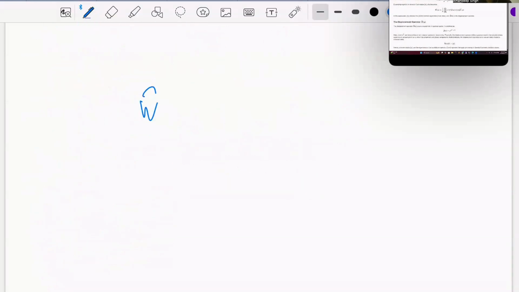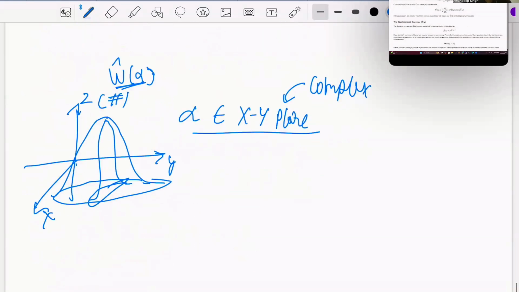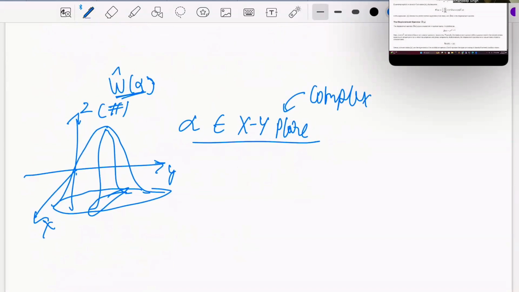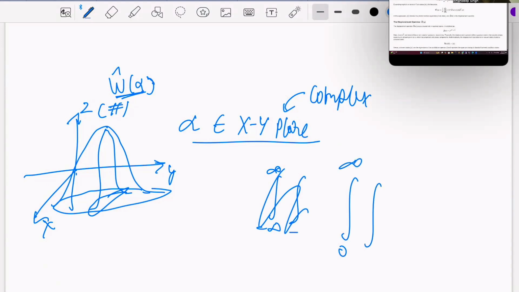So the form of our Wigner function has a normalization constant, because this is basically a probability distribution, and even though it has negative values because of its quantum mechanical nature, still the integration over all of space, from negative infinity to infinity in whichever dimension we are saying, must come to unity. So it's in 2D, we can say 0 to infinity for the radial part, and 0 to pi for the angular part.